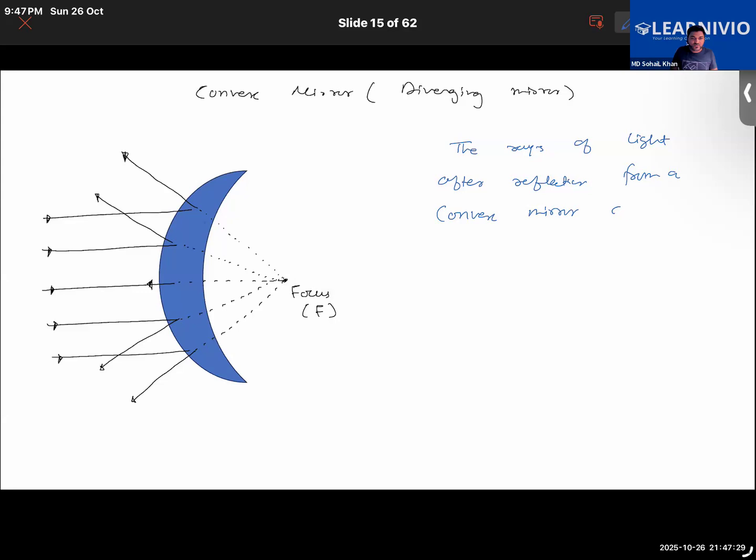The convex mirror causes parallel rays of light to spread out into different directions. Understood? So the rays of light after reflection from a convex mirror spread out or diverge, thereby it is called a diverging mirror. Hope that should have been clear to everyone here.